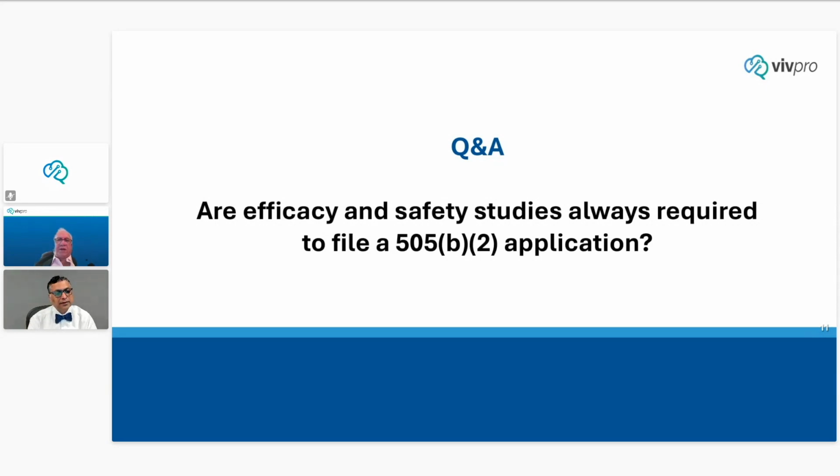I guess the participant is thinking, if the listed drug is not approved in pediatrics, or they did not conduct pediatric studies. It doesn't matter. You still have to meet the requirements.